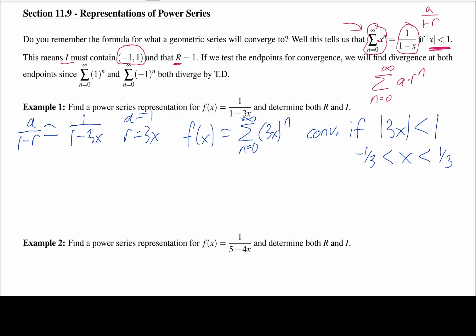So this tells me that my radius of convergence is going to be 1/3. And then my interval of convergence will be -1/3 to 1/3. If we plug in either one of those into our series, we're going to get that they diverge. So I is exactly this interval because the endpoints do diverge.